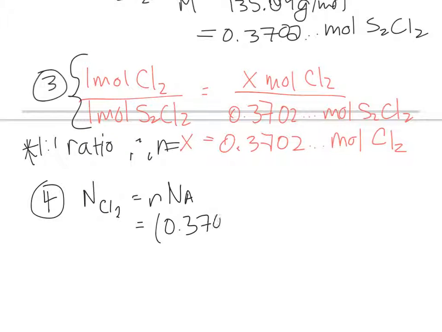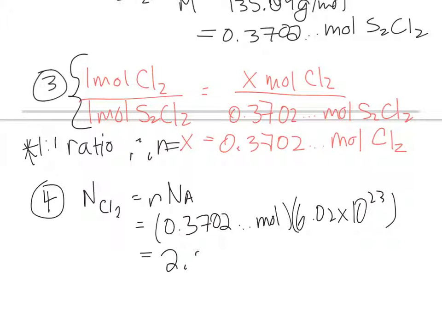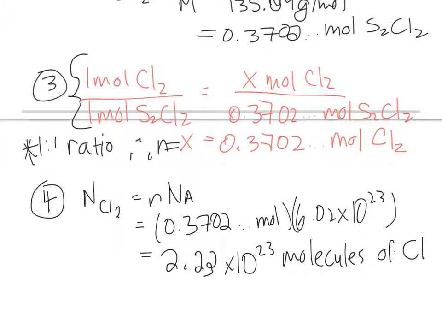We're going to take 0.3702 moles and multiply it by 6.02 times 10 to the 23, and that would give us, to significant digits we need 3, so 2.23 times 10 to the 23 molecules. And that is molecules of Cl2 that react.